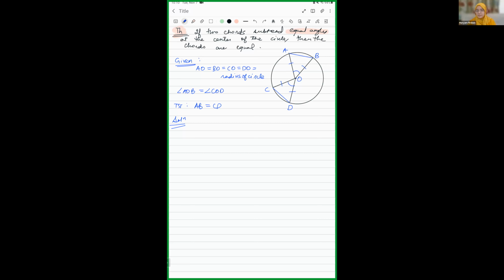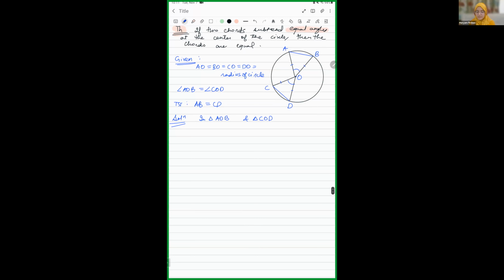Abdul Jabbar, unmute, please. First, tell me, which are the two triangles you see in front of you? Name the two triangles. AOB and COD.